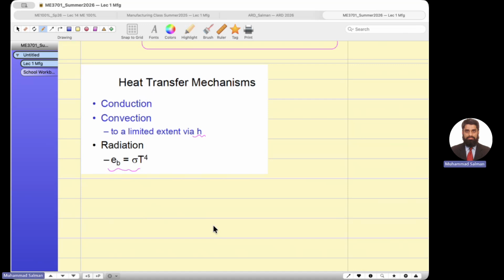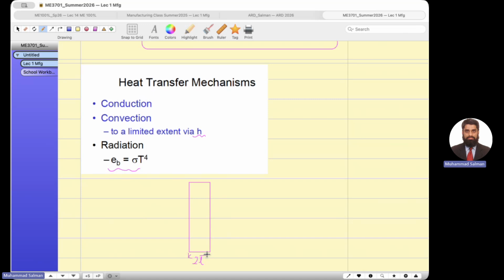So these are the formulas. Now suppose this is a plate with thickness 2L.